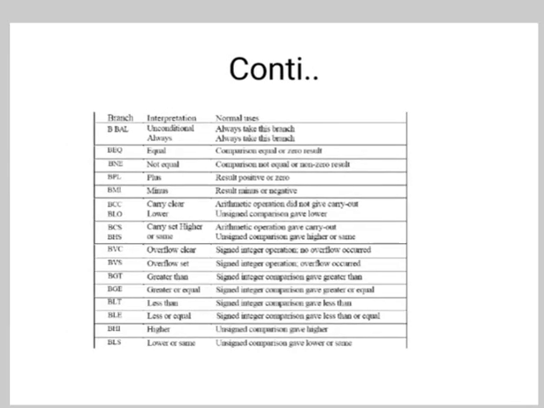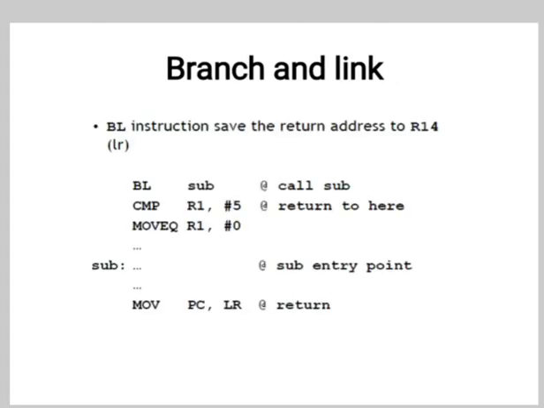Now ARM offers the functionality through the branch and link instruction, which performs the branch operation as well as saves the address of the instruction following the branch in the link register R14. So BL is the instruction that saves the return address to R14.